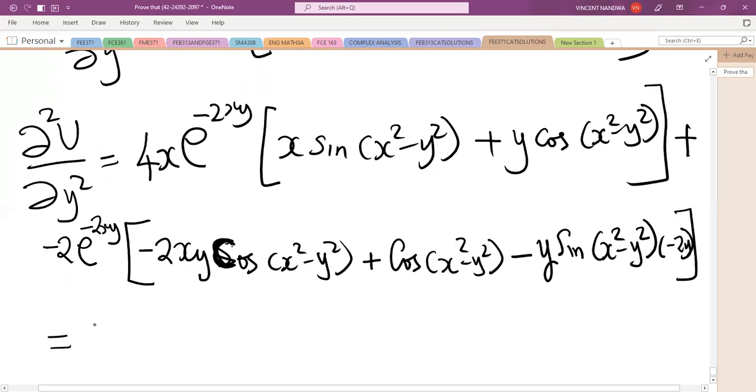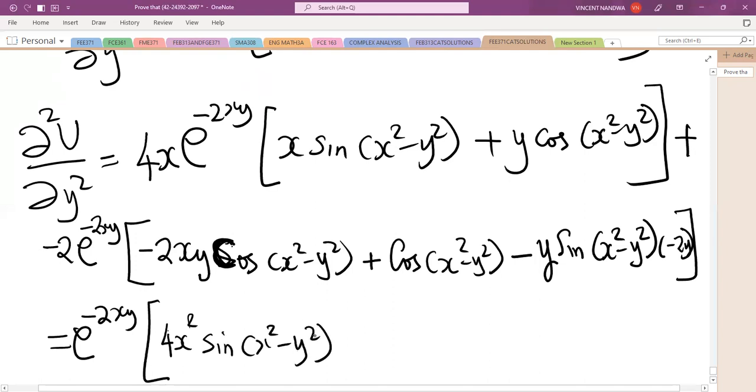So factoring out e raised power minus 2xy will give you, so 4x by this I'll get 4x squared sine of x squared minus y squared. 4x by this I'll get plus 4xy cosine of x squared minus y squared.